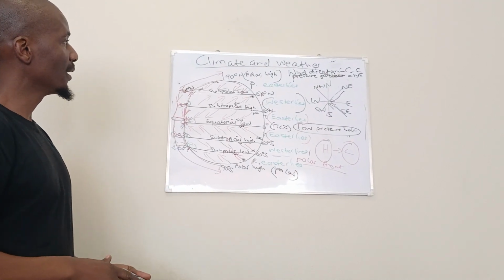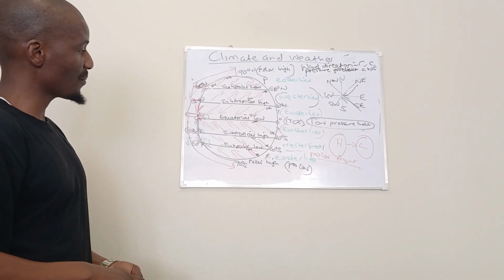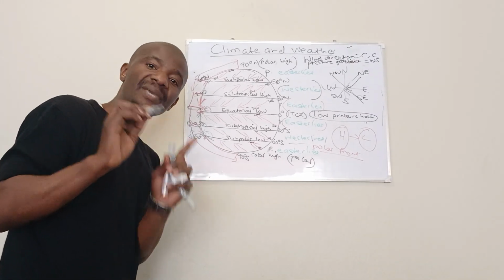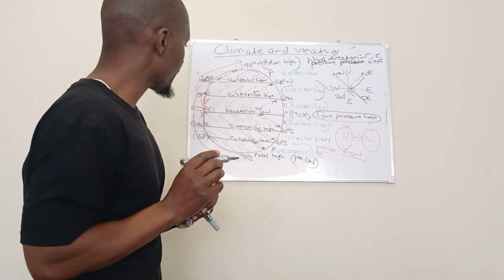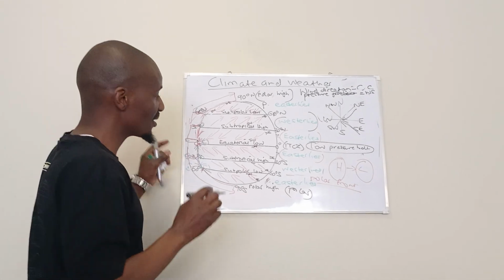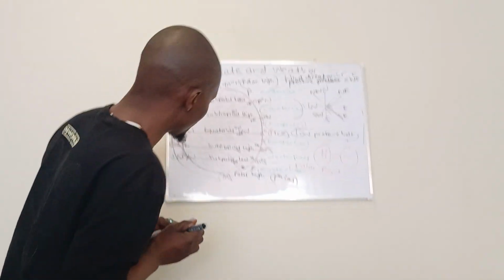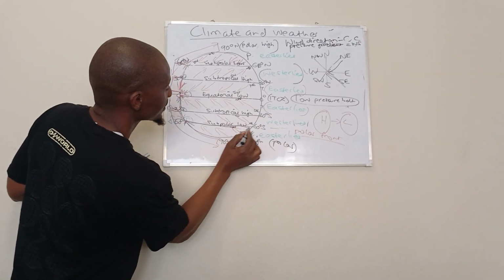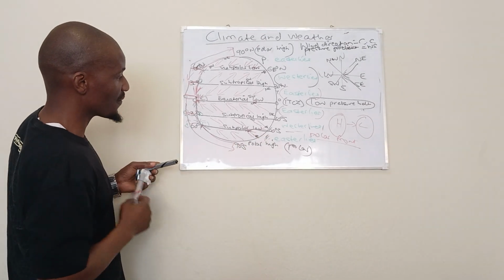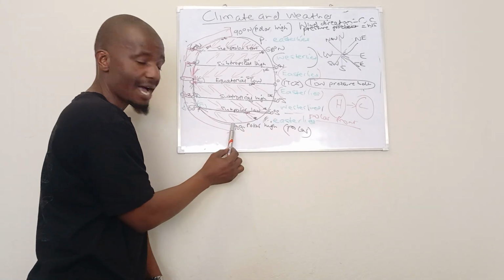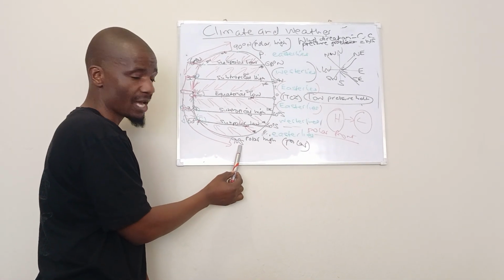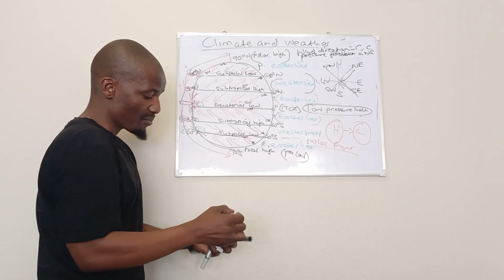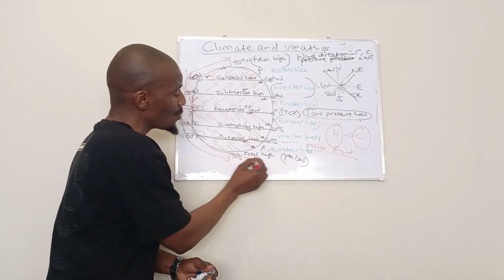Before I rub off this, before I get into mid-latitude cyclones, where is this taking place? This is where we have our subpolar low. We have these easterlies blowing from the polar high, and they are cold winds.